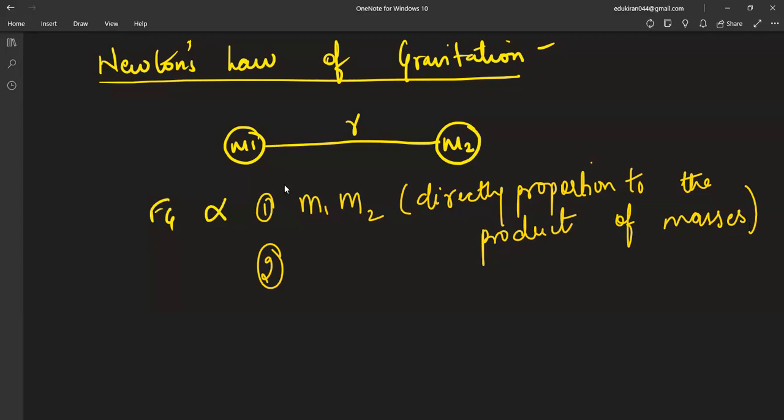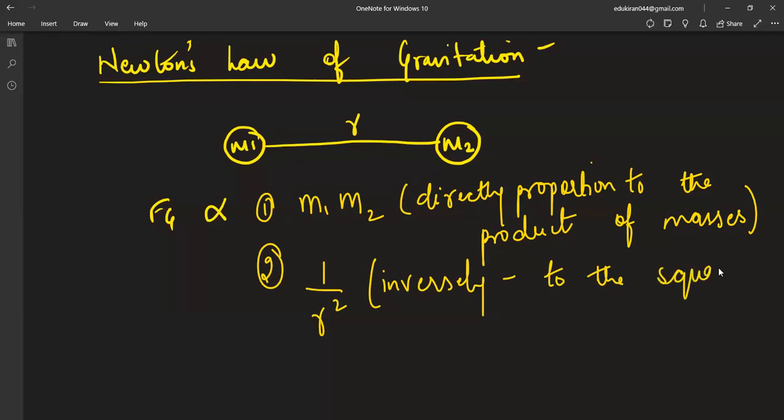Secondly, both the masses are separated by a certain separation, r, let's say. It is inversely proportional to the square of this separation, the distance between them.